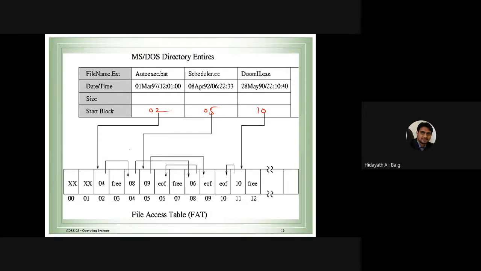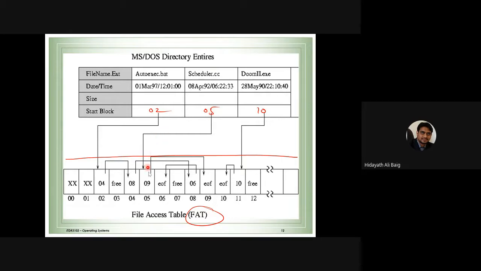Now this is the file allocation table. This is the table. Suppose I want to read the data about a file, let me take this example, scheduler.cc. I have to go to the first block, block number 5.